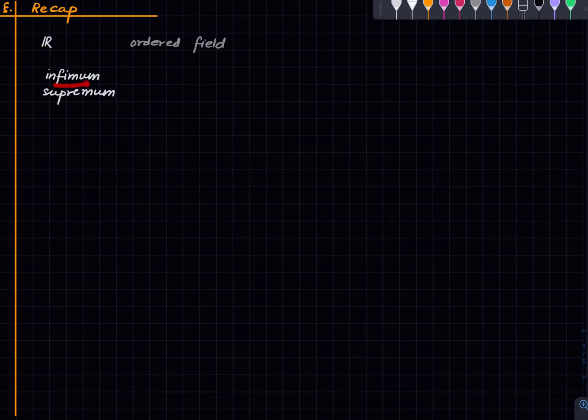And then we need these two words, infimum and supremum. Infimum is just a synonym of the greatest lower bound. So if you have a subset of reals that is bounded below, then the greatest lower bound is also sometimes, in fact many times, called the infimum.